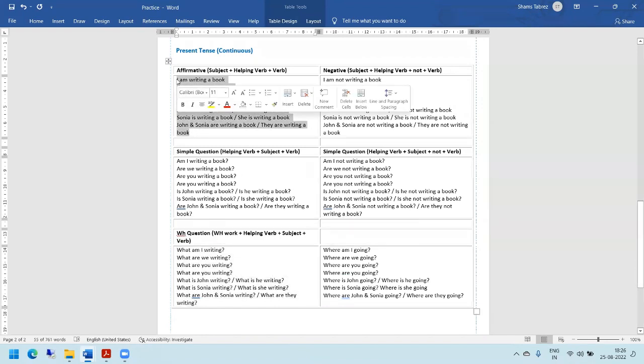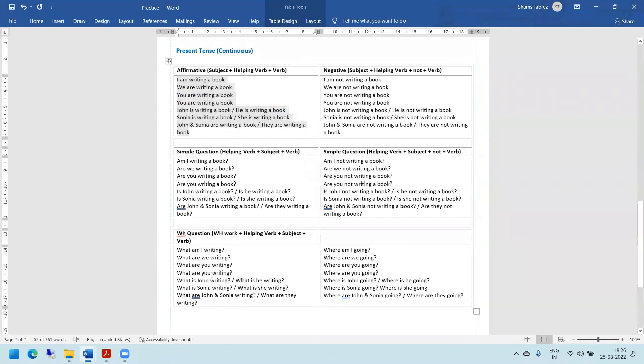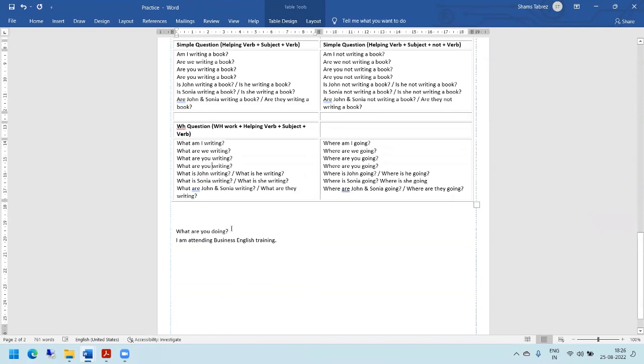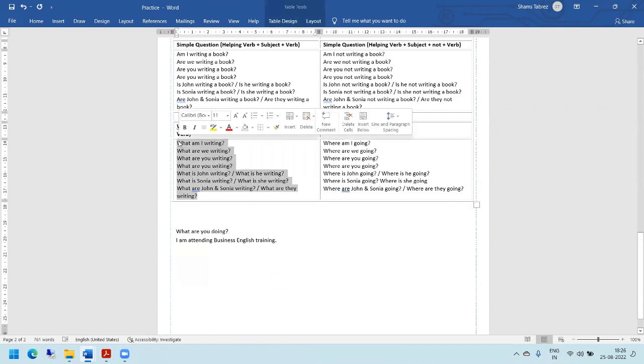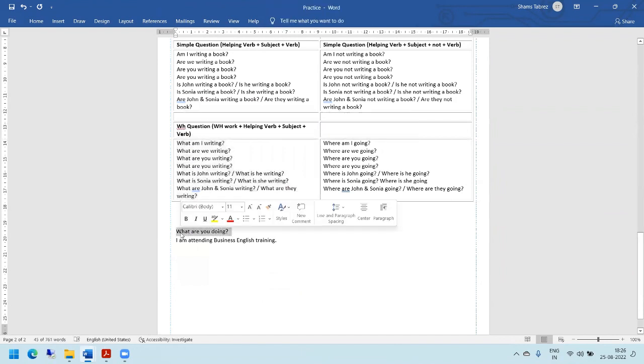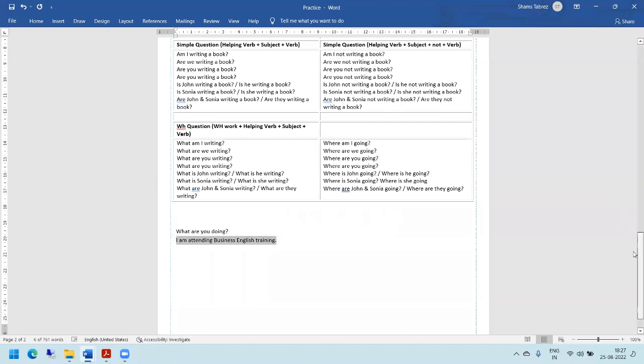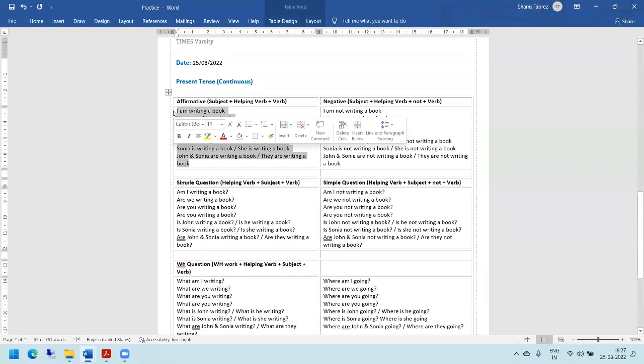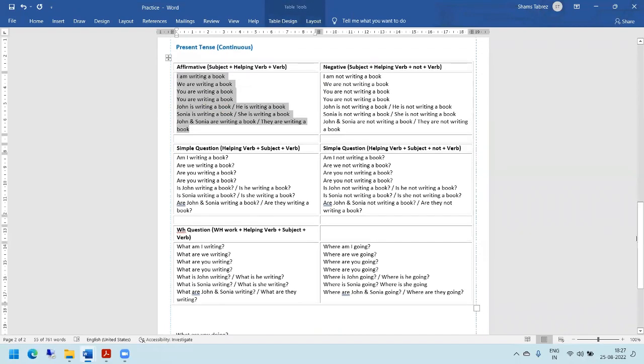It should not be in another tense. What are you doing? This is a present continuous WH question, so the answer should be in the present continuous affirmative form. A WH question is always answered in the affirmative.